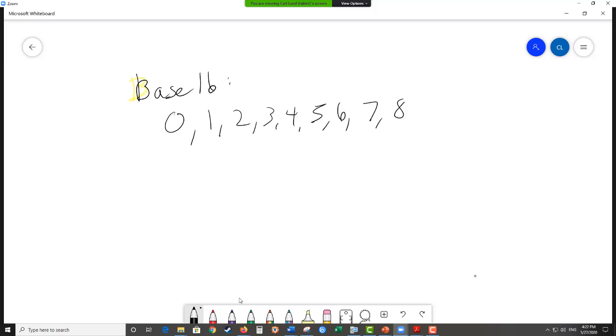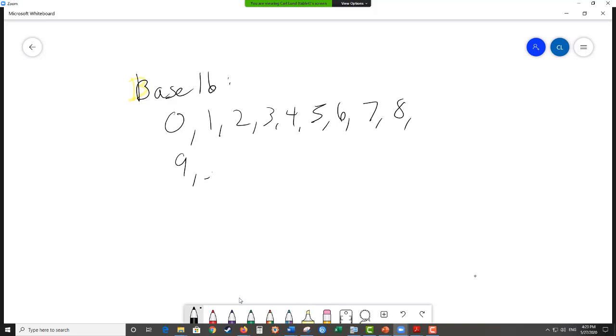In base 16, our digits are these: 0, 1, 2, 3, 4, 5, 6, 7, 8, 9, and then not 10. We always want a single symbol. So just like the ancient Greeks used letters for numbers, we use letters for numbers when we're dealing with bases bigger than base 10.